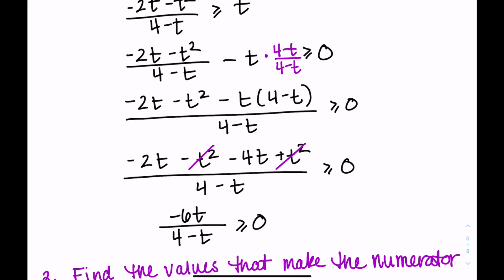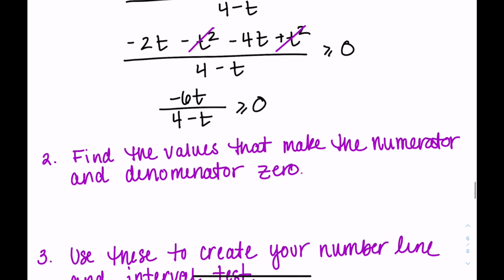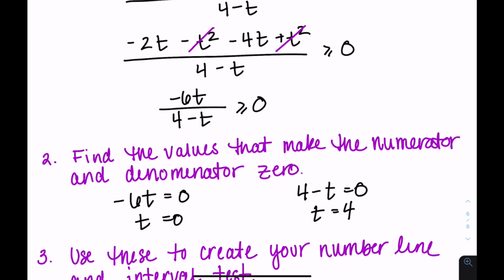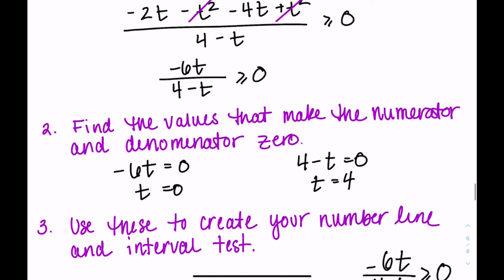Now to break your number line down, you want to find the values that make the numerator 0 and the values that make the denominator 0. So -6t equaling 0 means one important number is going to be t equals 0. And then 4 minus t equaling 0 tells you t equals 4 is another important value.